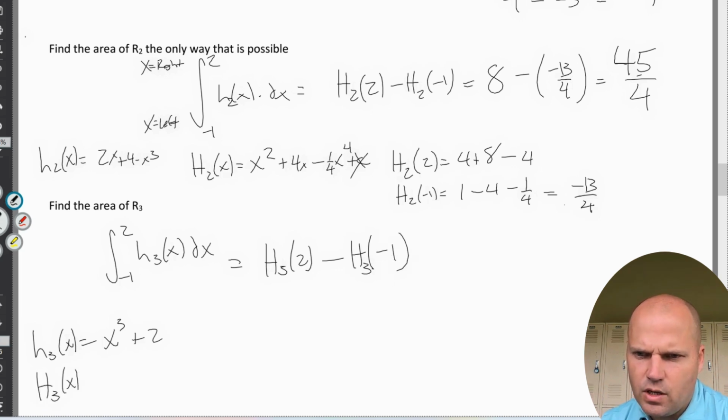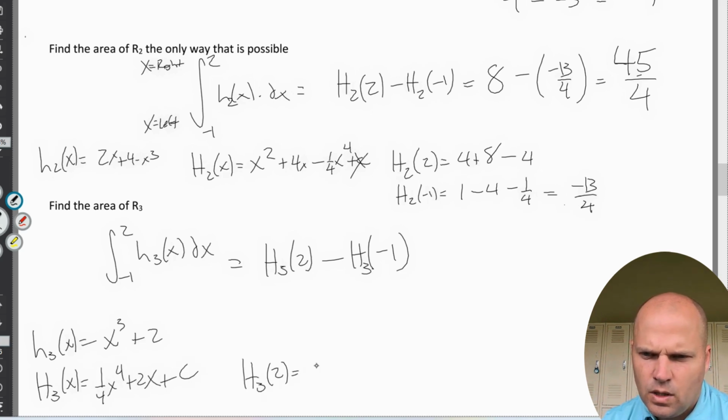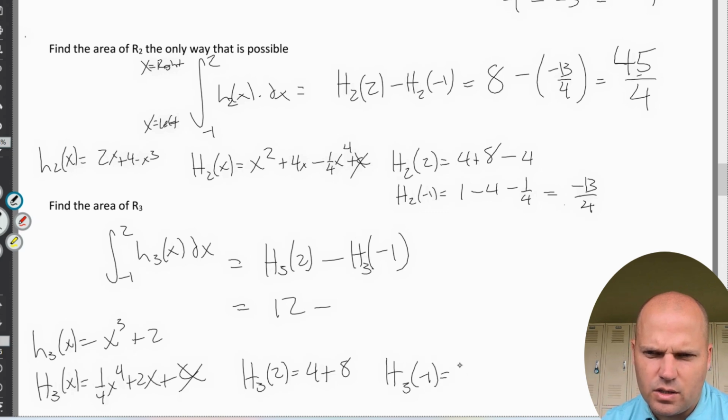Super h of 3 is 1/4 x to the 4th plus 2x plus c. Add 2, is 4 plus 8 plus c, so that's going to be 12. C won't matter. Super h3 of -1 is 1/4 minus 2.